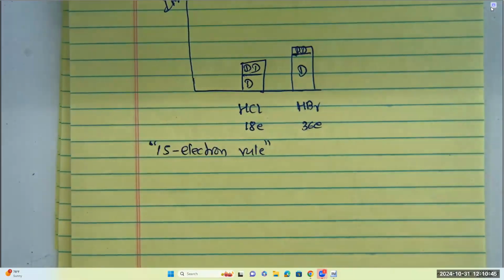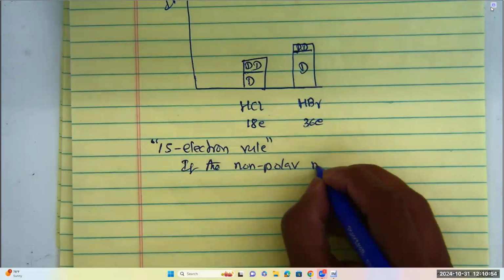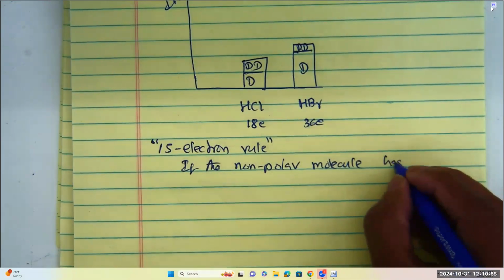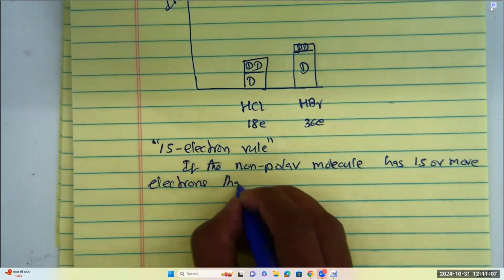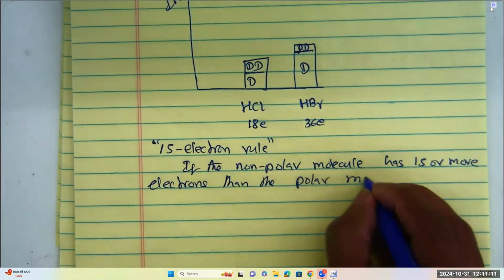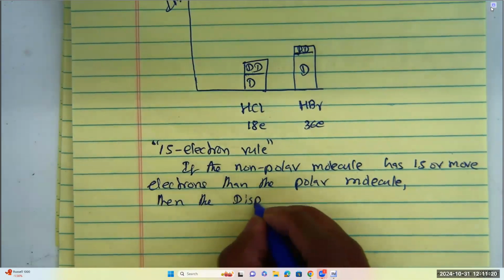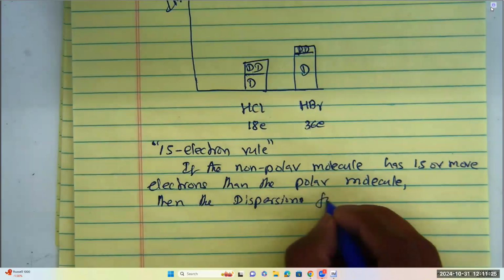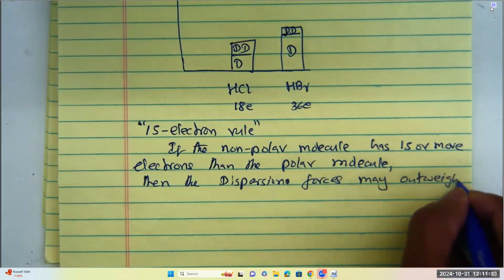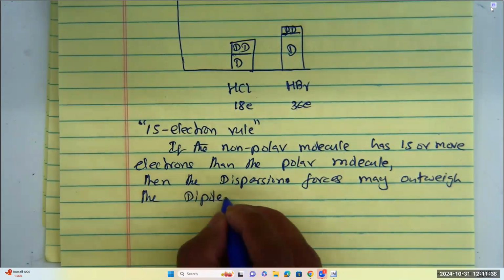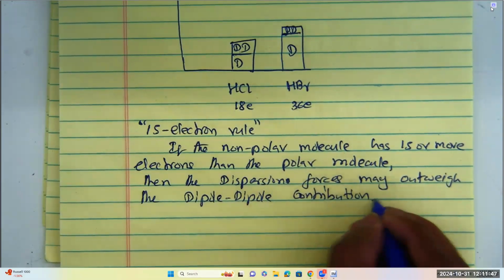I'm going to mention that really quickly because that might come in handy. The 15 electron rule says if the nonpolar molecule has 15 or more electrons than the polar molecule, then the dispersion forces in the nonpolar molecule may outweigh the dipole contribution in the polar molecule.